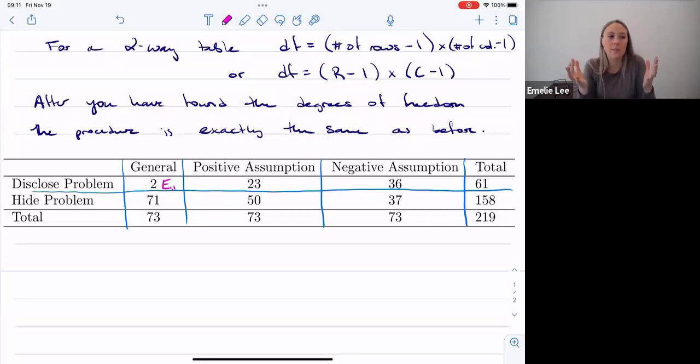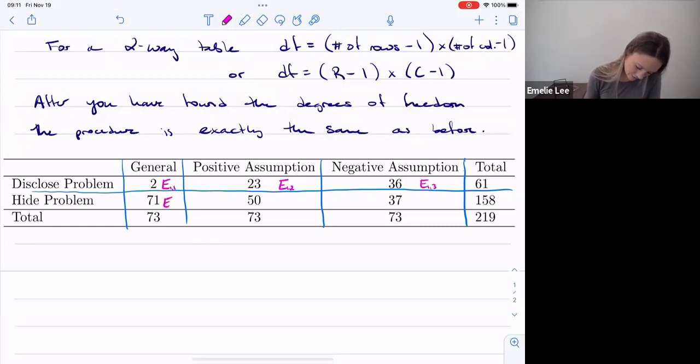You can even wrap it up in brackets if you want. We're going to have E12, E13, E21, E22, and E23, right? So we're going to have 6 expected values, right?